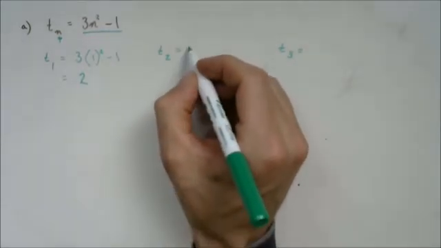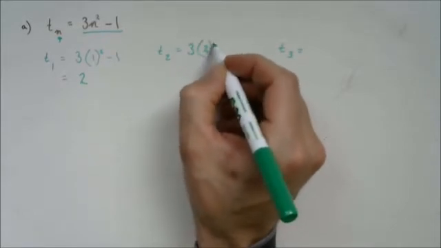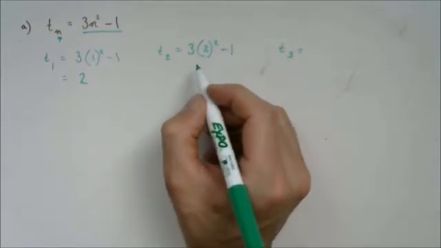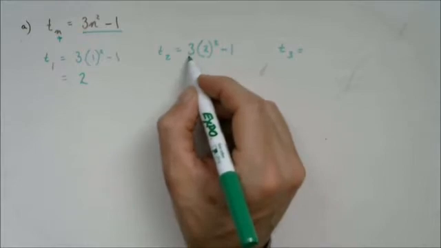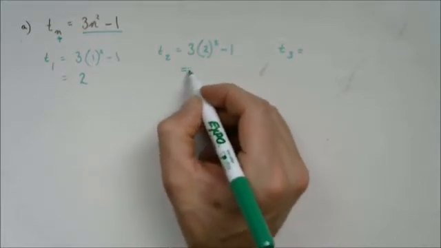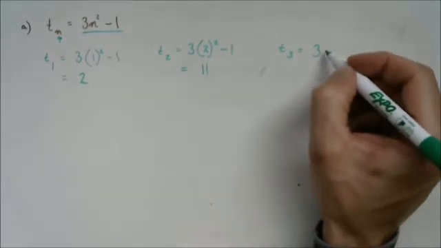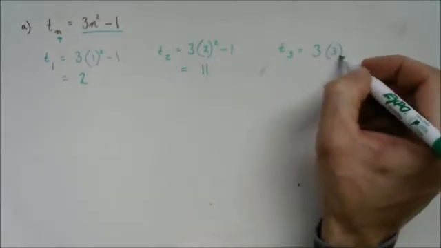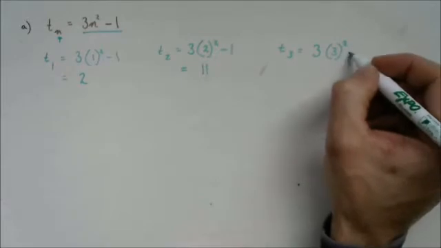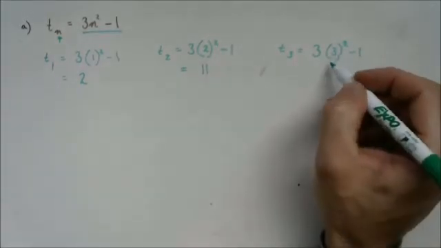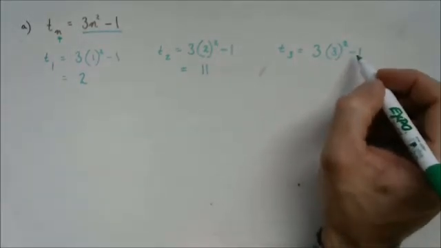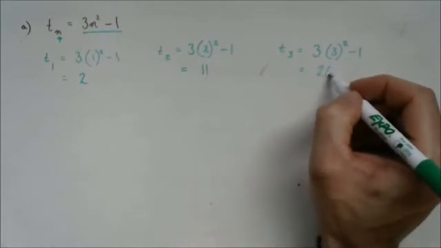What about the second term? 3 times the square of 2 minus 1. 4 times 3, 12, minus 1, 11. Again, sub in n of 3, square it, minus 1, 9, 27, 26.